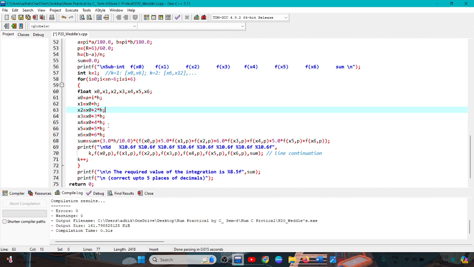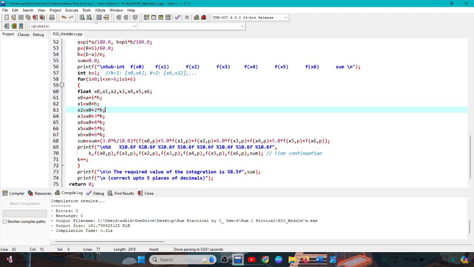Next we apply the simple Weddle's rule again within the interval x6 to x12, and the new sum equal to the previous sum, the integration value within the interval x0 to x6, plus the present sum for the interval x6 to x12. So the improved, corrected sum equal to previous sum plus present sum, and print this. The required value of integration is this, correct up to 6 places of decimal.